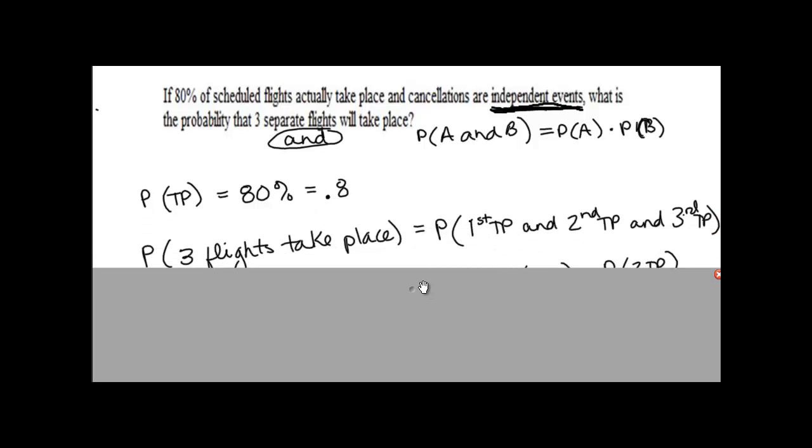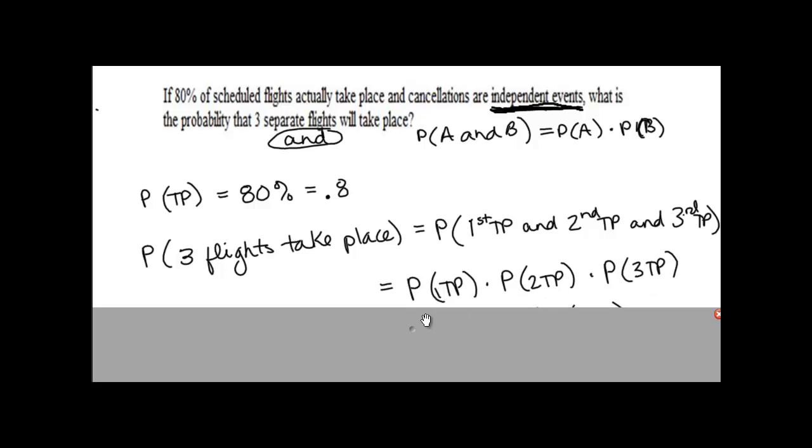And then we mentioned that to find the probability that 3 flights would take place, that would be the probability of the first taking place and the second and the third all taking place. So if we use this formula, now we would also have to involve another event since there are 3.